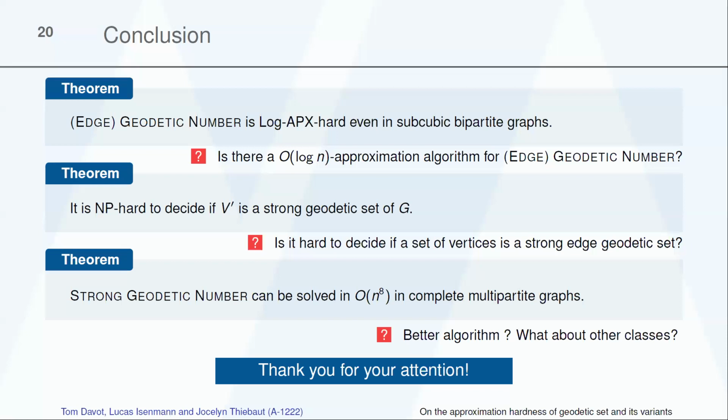Metric dimension, maybe for people who don't know it: you have a graph and you have to select a subset of vertices such that for every vertex you compute the code that corresponds to the distance from this vertex to all the vertices of the subset you took, and you want this code to be unique, to be able to identify this vertex among all the others. I don't know if it was clear.